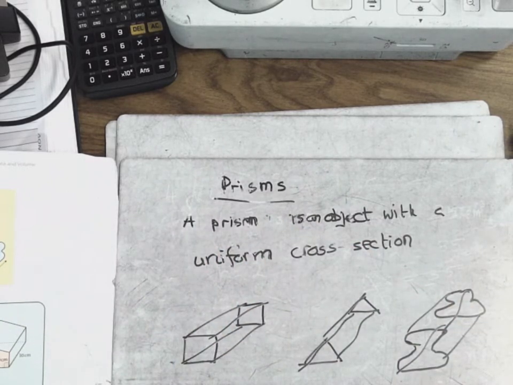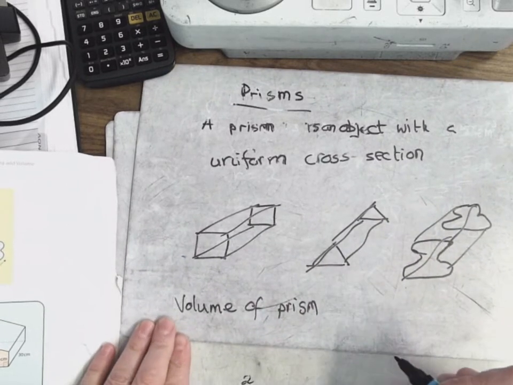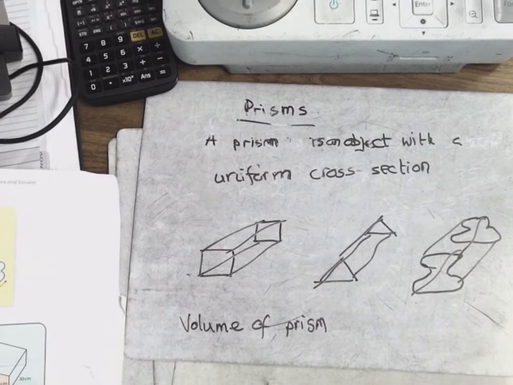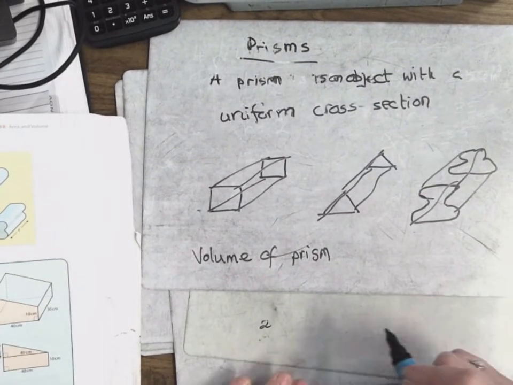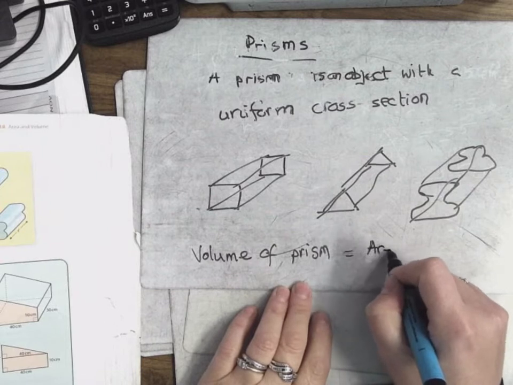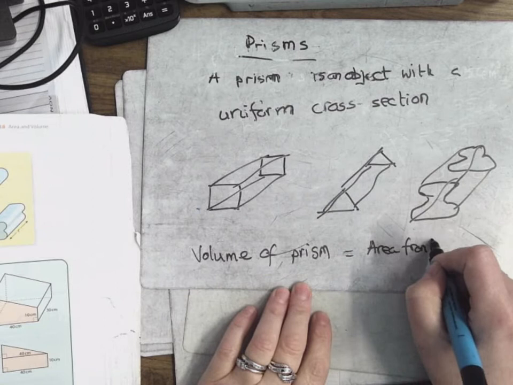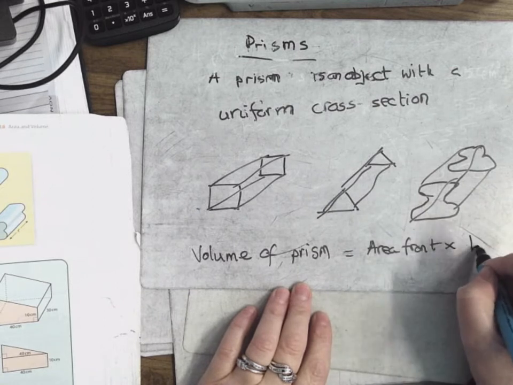So the rule is, if you want to get the volume of the prism, volume of the prism equals the area of the front multiplied by the length back.